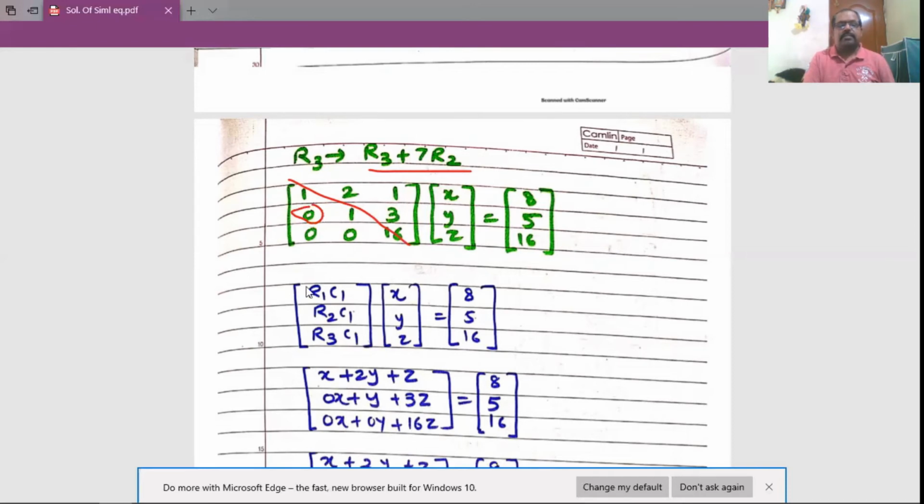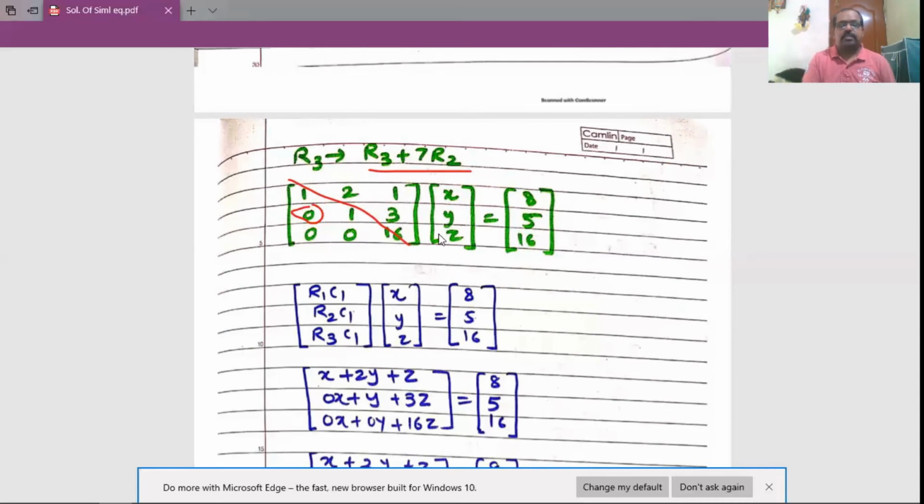This is your R2 C1. Then R3 C1. So this is your R3, this is your C1. Now if you observe in R3, you have two elements 0 and only one non-zero element. So what will help you to find the values of these variables? If you multiply this R3 with C1, the first element 0 will be multiplied to x, the second 0 will be multiplied to y. 0 into x will become 0, 0 into y will become 0, meaning you are vanishing the two variables x and y, and you are left with only the third variable z.